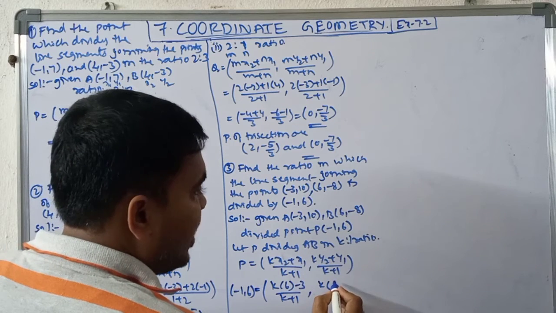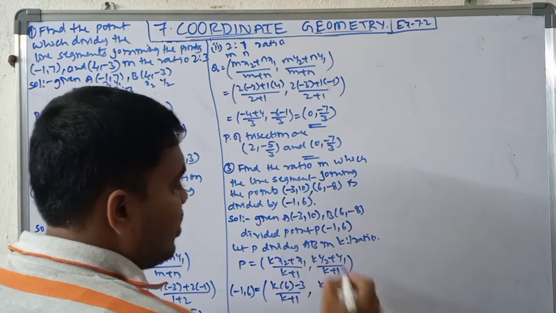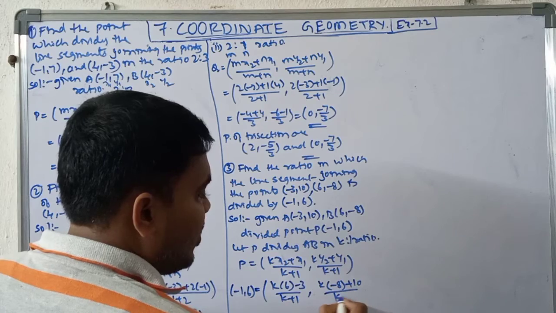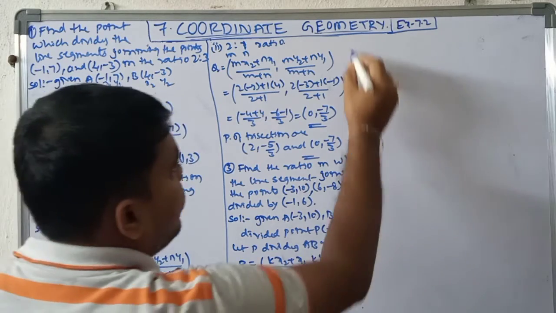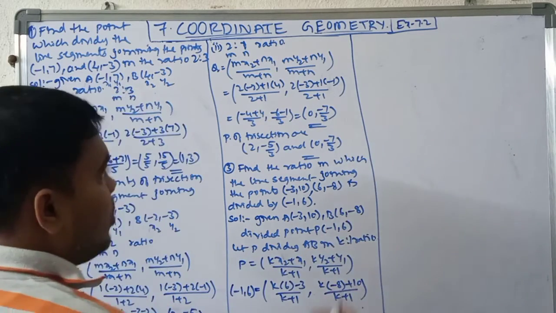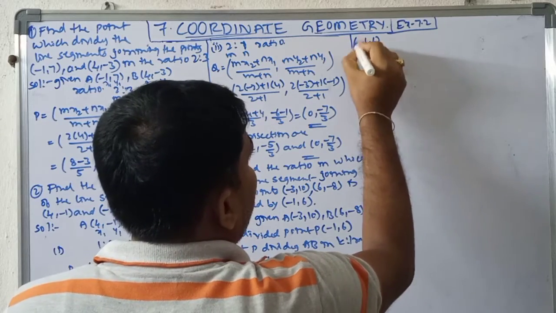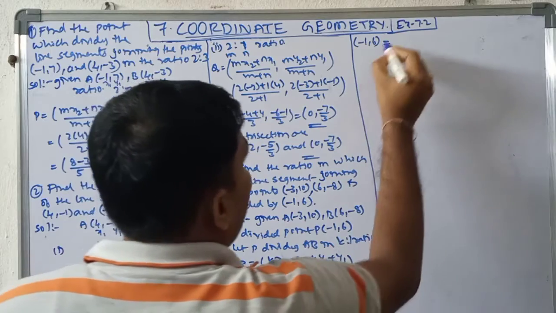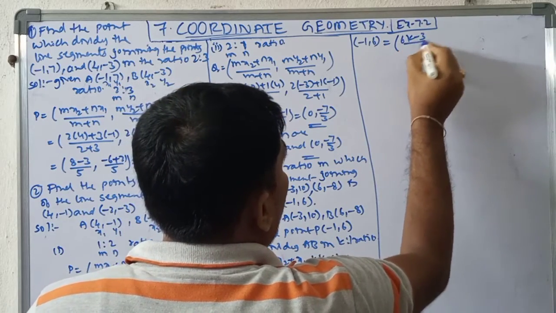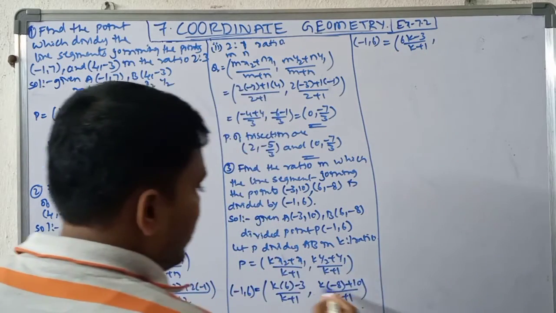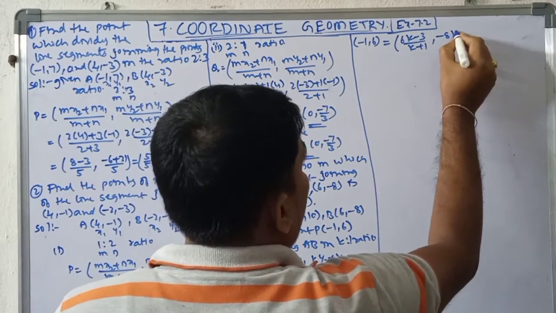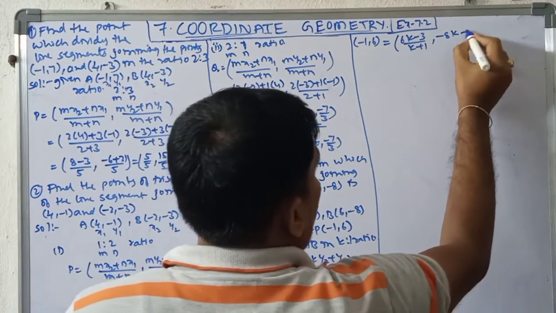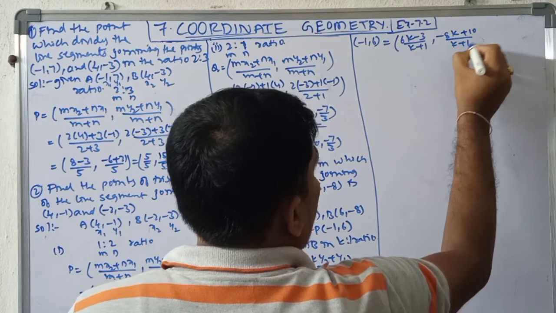So (-1, 6) equals ((6k minus 3)/(k + 1), (-8k plus 10)/(k + 1)).